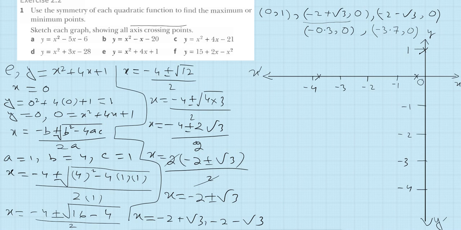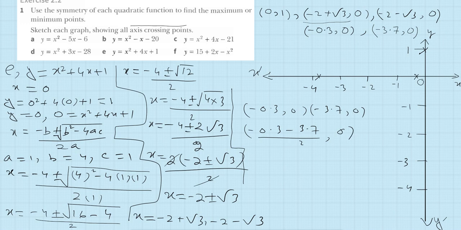Now find the midpoint of these two points. If we find the midpoint of minus 0.3, 0 and minus 3.7, comma 0, then you can see minus 0.3 minus 3.7 upon 2 and 0 plus 0 upon 2 is 0. I am using the midpoint formula because this time we have decimals.